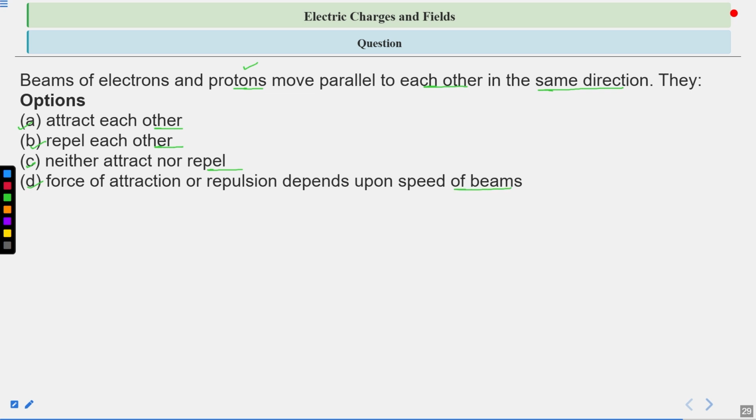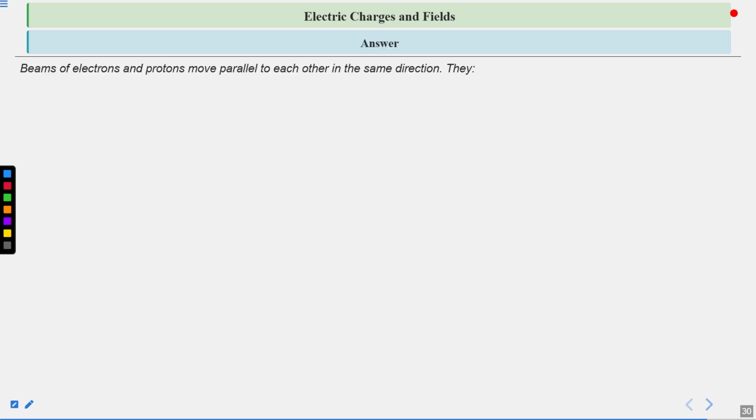Which one is correct? Please solve this question. So the correct option is B, repel each other.